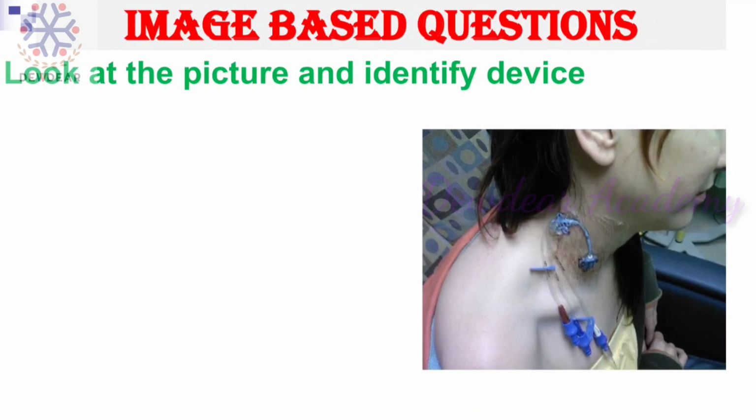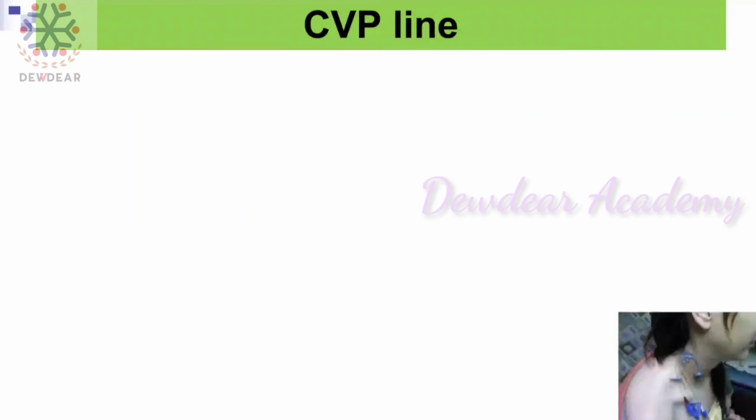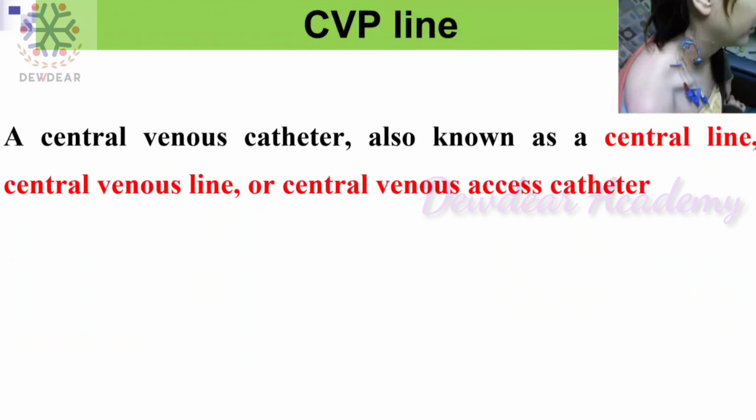The next question. Look at the picture and identify the device. CVP line. This is CVP line. Central venous catheter, also known as central line or central venous line or central venous access catheter.